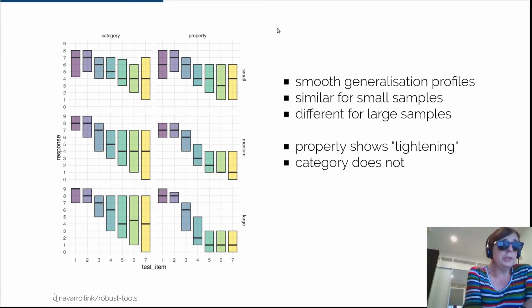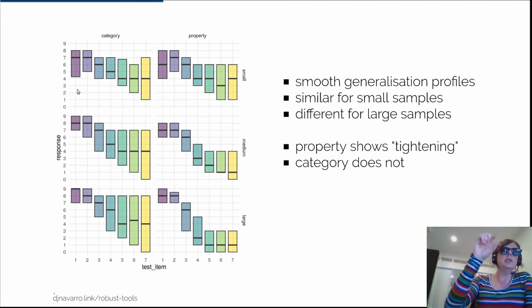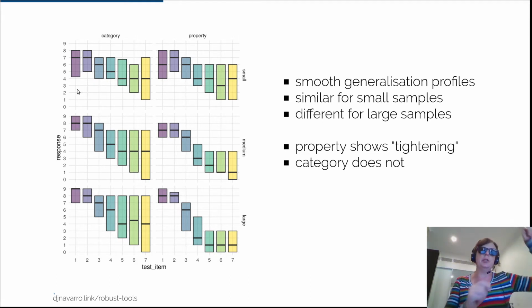To cut a long story short, here's what the data from our experiment look like. Each of these panels plots the distribution of participant responses. There's a median, the thick bar, and the interquartile range, which is the box. These are box plots without the whiskers attached.